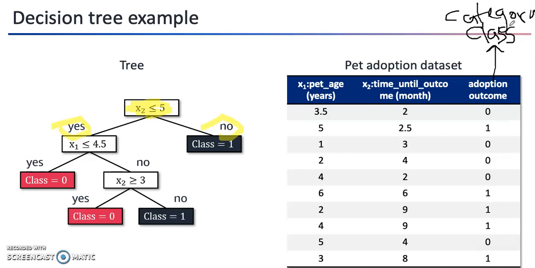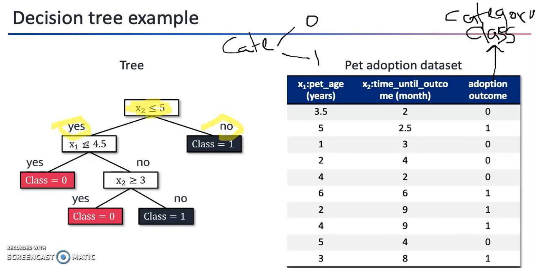So we call the groups categories, or we may also call those classes, as in classification. That's why you see some notes here saying class equals 1, because the class or the category may take one of two values, either 0 or 1: 1 for yes adoption, 0 for no, it was not adopted.